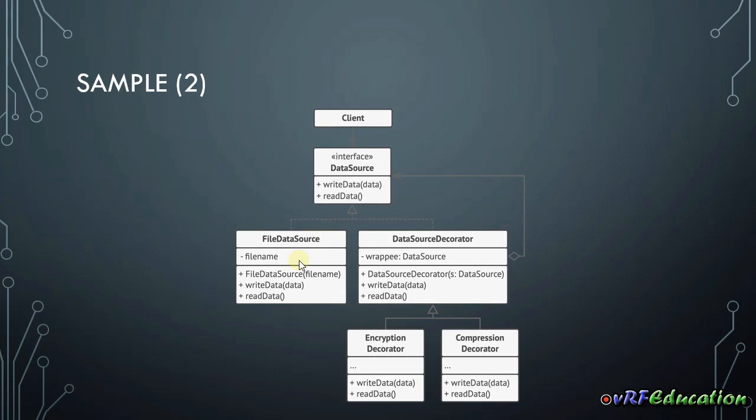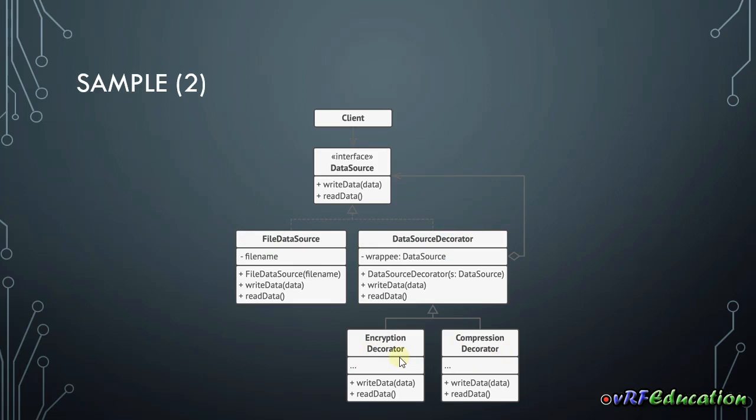And in other scenarios I want to encrypt data, to prevent the end user from seeing what I wrote in a file in the file system. So I create a data source decorator. Again, this decorator implements the same interface as the file data source, our target class. And then I create two other decorators named compression decorator and encryption decorator.